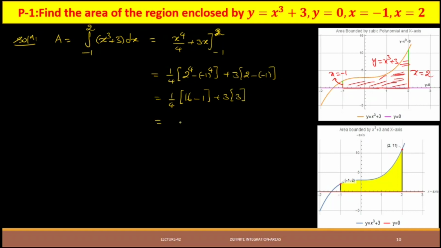So this is equal to 15 by 4 plus 9. So it is 15 plus 36 by 4. That is equal to 51 by 4. So area of the required region is equal to 51 by 4 square units.